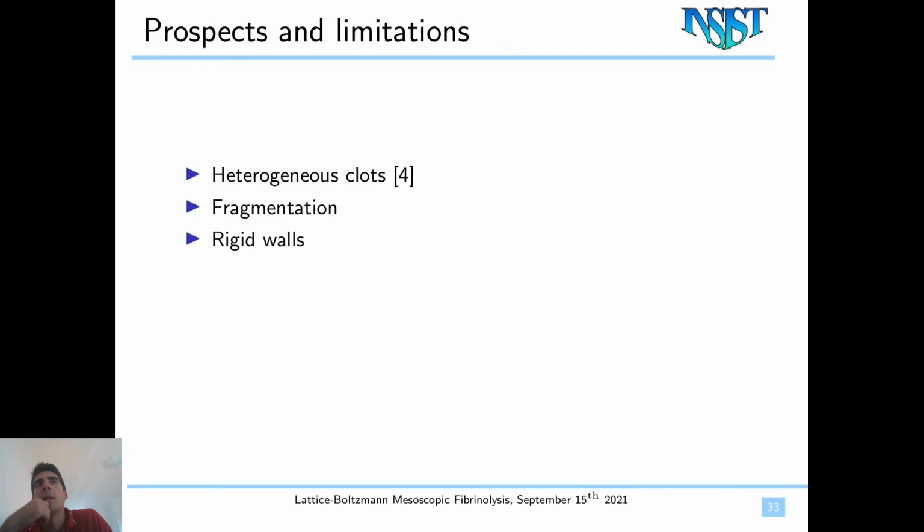Also, we do not take into account the fragmentation of the clots, and also another limitation is that from the in vitro experiments we have rigid walls, and this might impact the apparent permeability of the clot with respect to arterial walls that are compliant and that have also pulsatile flow.